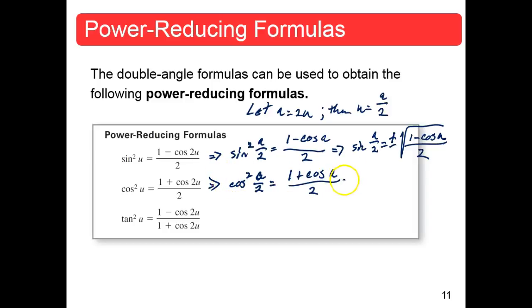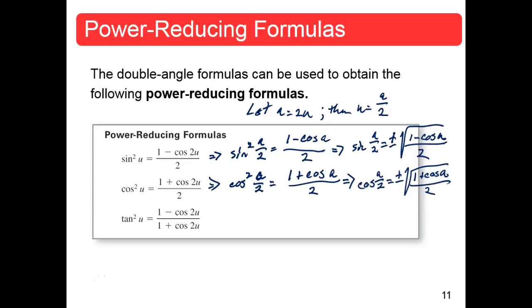And then take a square root of both sides of that, and you get cosine A over 2 is equal to plus or minus the square root of 1 plus cosine A over 2.